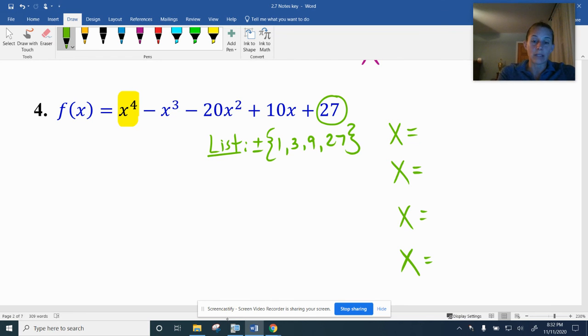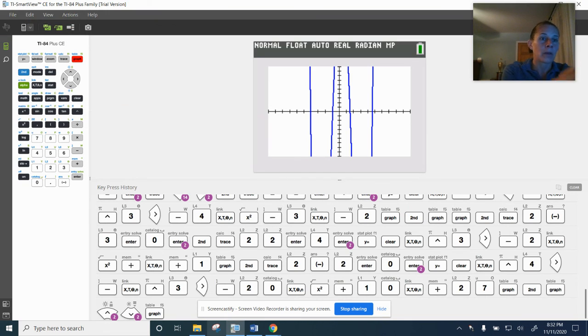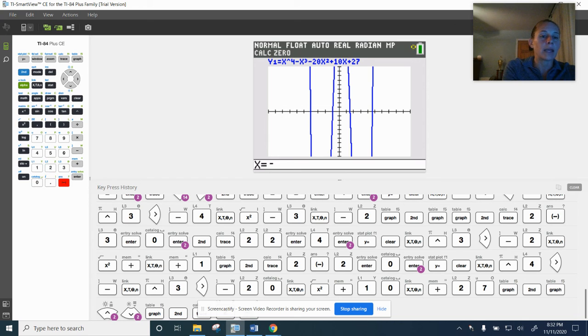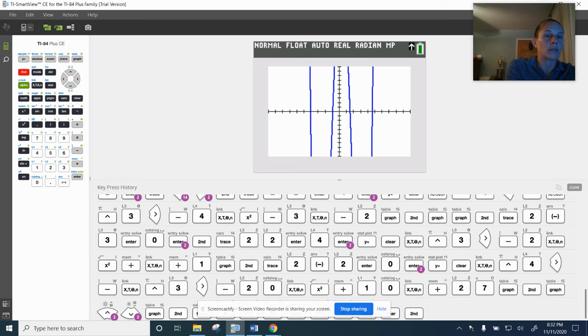So I have to do my second trace, unfortunately. Second trace, 0. I'm going to pick negative 6 for my left, negative 4 for my right, or no, negative 3. Maybe I'm going to clear that out, actually. Try it over again.